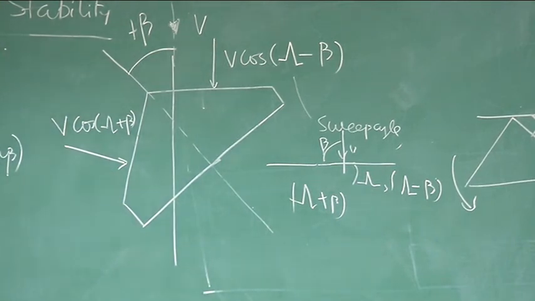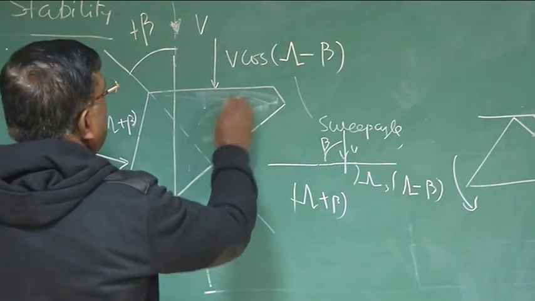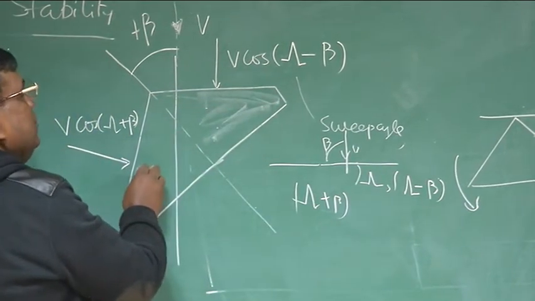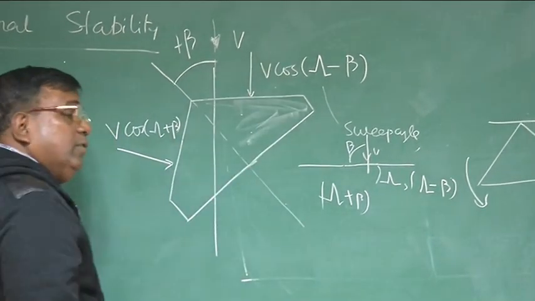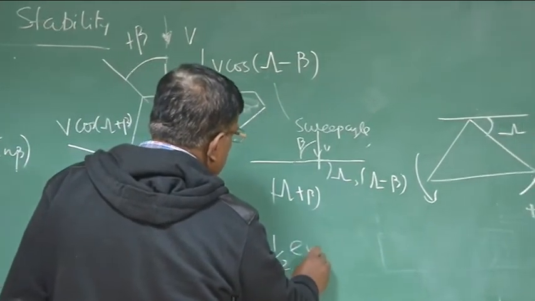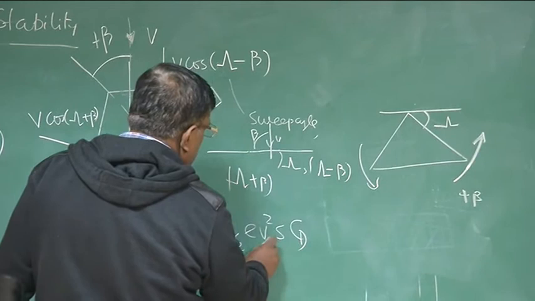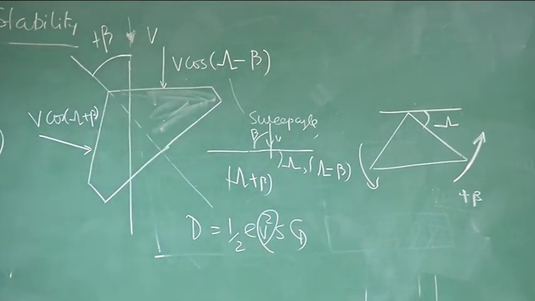So what will happen? The drag experienced by this part will be more compared to the drag experienced by this part, because the velocity here is more. Drag is half rho V square S CD. So V here is more compared to V here because of the cos factor.